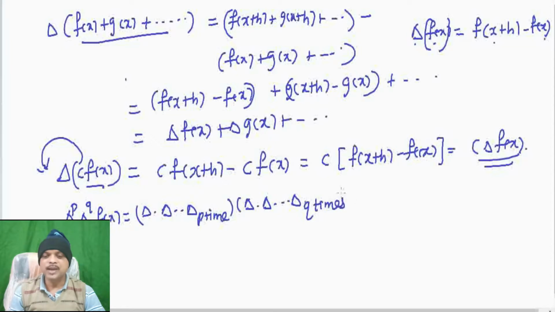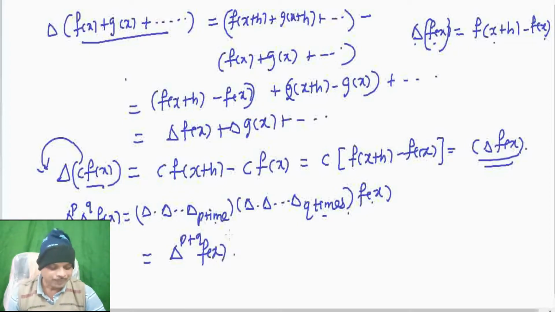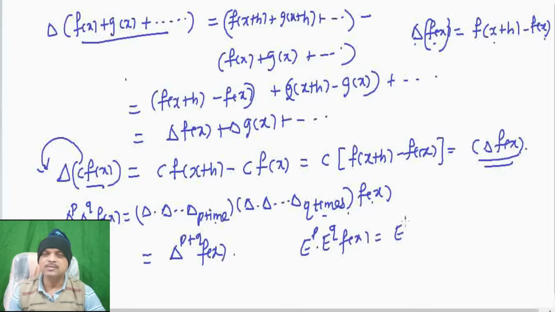So this p times and this q times we are operating on f of x, but the total is delta raised to p plus q on f of x. Okay, so there is an addition of the powers. Similar properties hold for the E function: E raised to p into E raised to q of f of x is nothing but E raised to p plus q on f of x. So this is one of the important properties of the operator delta.